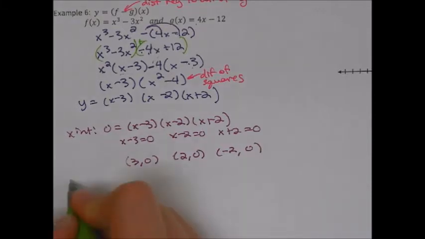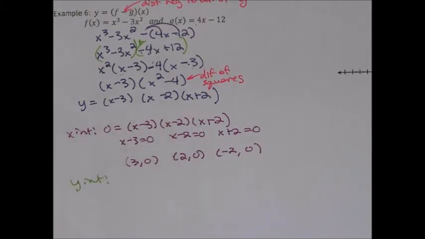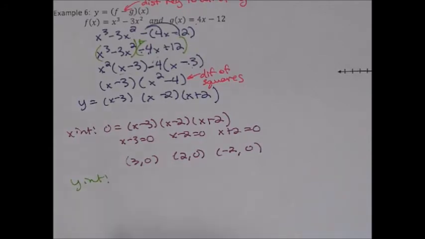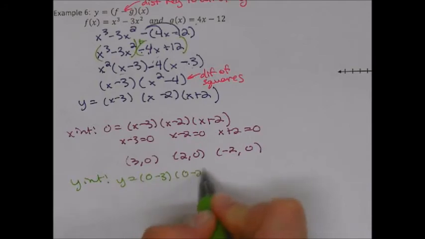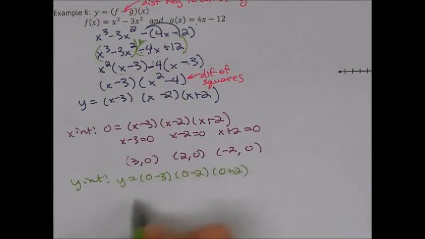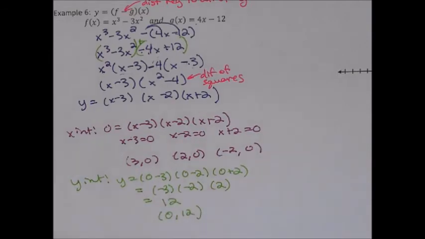Next, we have our y-intercept. For the y-intercept, we make x 0. I get negative 3, negative 2, 2. That's going to give me positive 12. So this is at 0, 12.